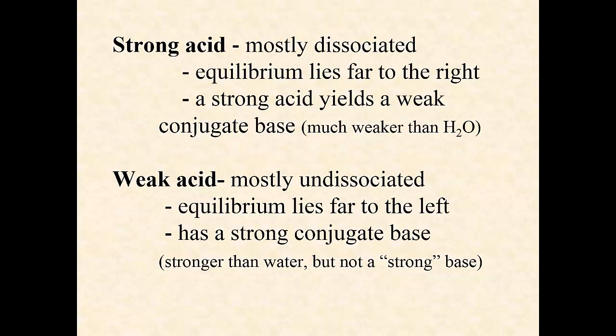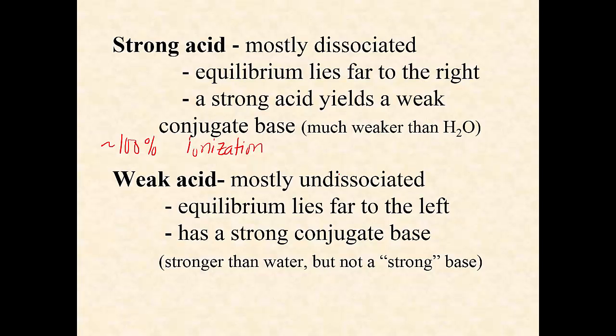So a strong acid then means you get pretty much 100% ionization. You get mostly all ions. So if you are ever asked, is this a strong or weak acid, you have to talk about the degree of ionization. How many ions are being produced? Because that is the definition.